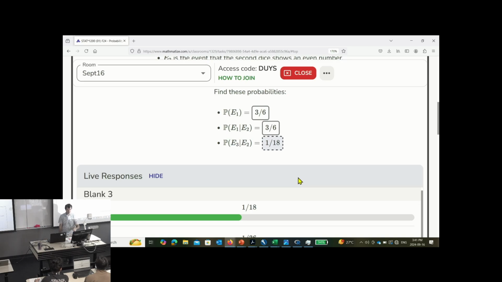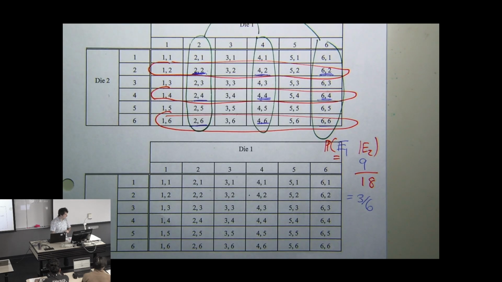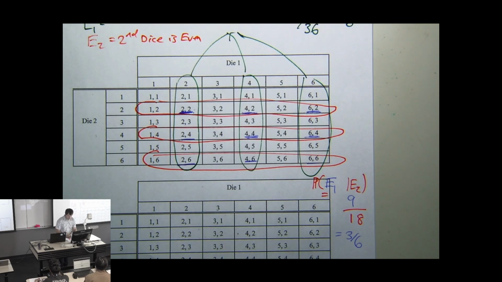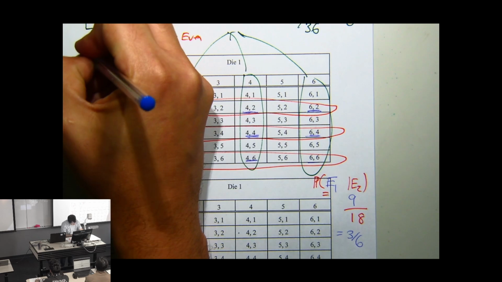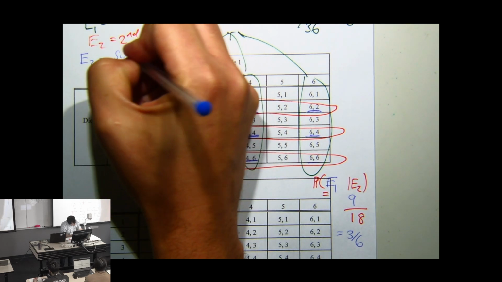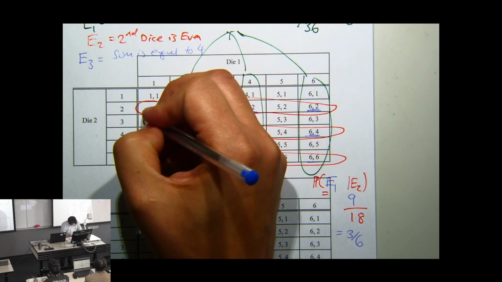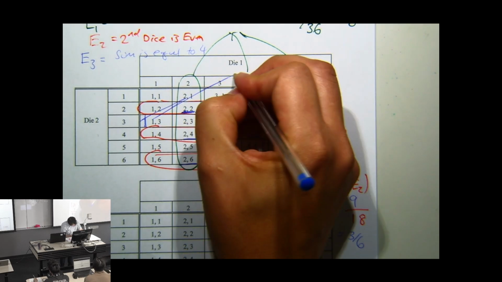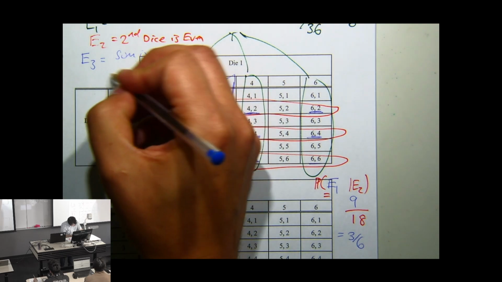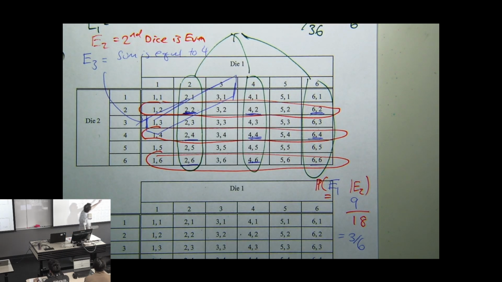Let's do this one on the sheet of paper, on the doc cam over here. So now we're doing the event E3, which is the sum is equal to 4. And this event is a little diagonal slice. We've done this one a bunch of times now. There's E3, that the sum is equal to 4. There's 3 things in E3 originally, so the original probability was 3 out of 36.